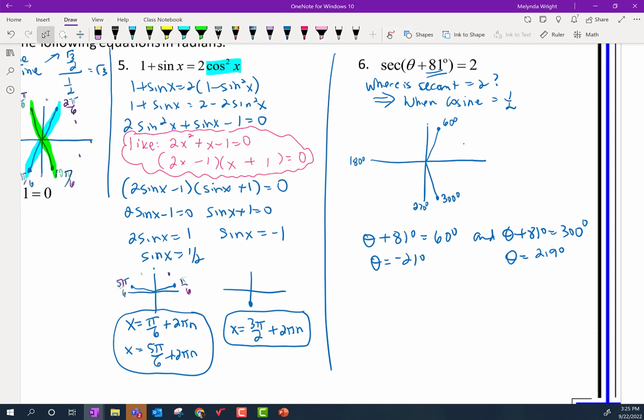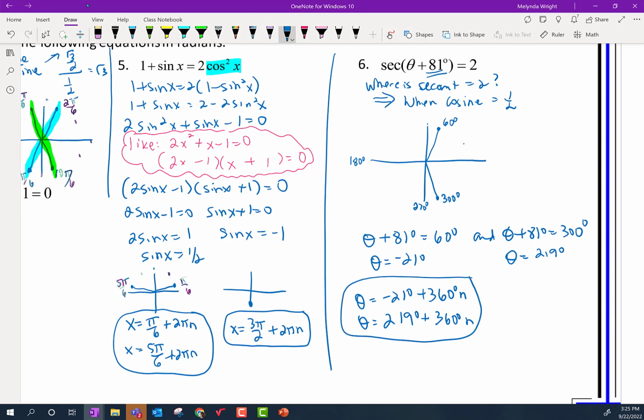What is the normal period for secant? 360 or 2 pi, right? So our answers are theta equals -21 degrees plus 360 degrees n, and theta equals 219 degrees plus 360 degrees n.